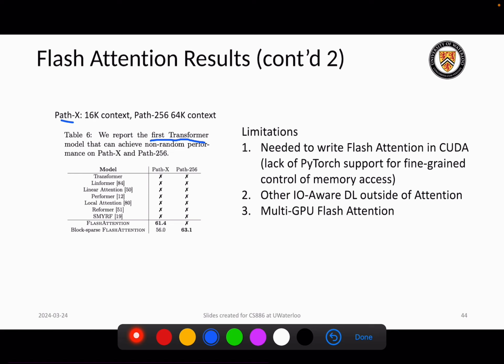It is the first transformer to achieve non-random performance on Path-X with 16K context. And flash attention with block sparse attention is the first sequence-to-sequence model to achieve non-random performance on 64K context.